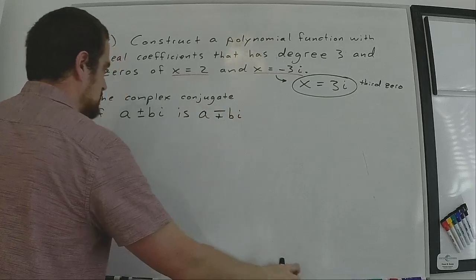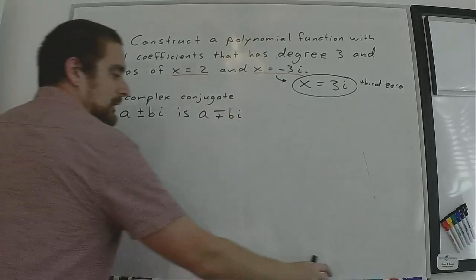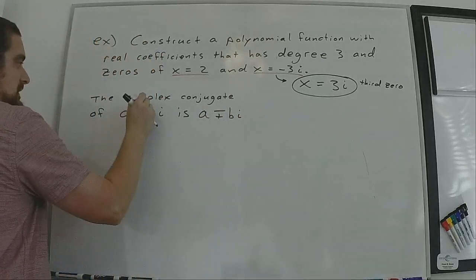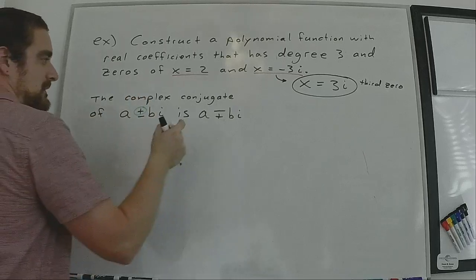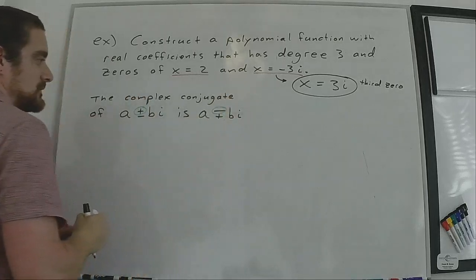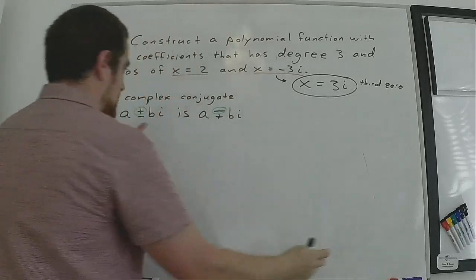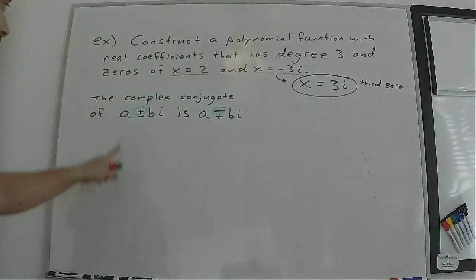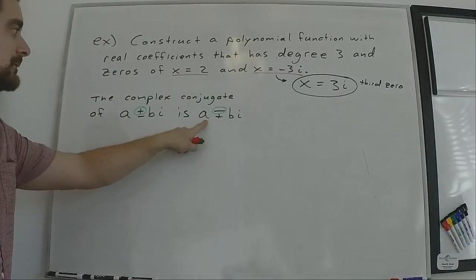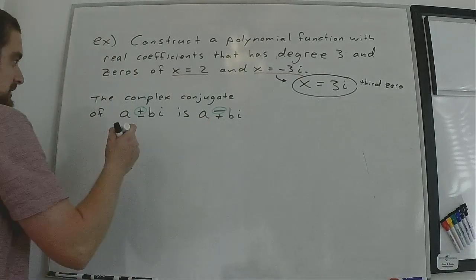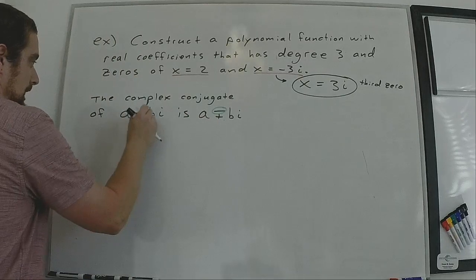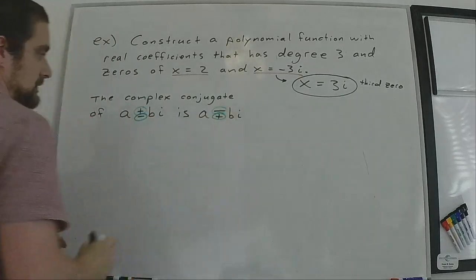And I use this notation meaning that if your complex number has addition before that bi, then you switch to subtraction. Notice the real part keeps its value. If a is positive, it stays positive in the complex conjugate. Or if a starts out as a negative number, then a stays a negative number in its complex conjugate. And if you have the minus, then you switch to the plus.